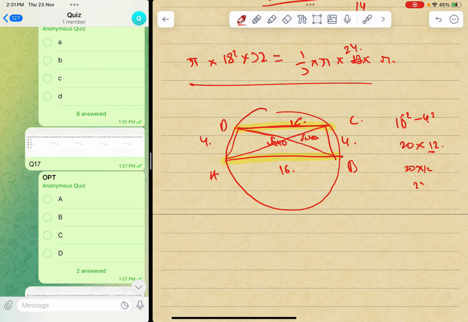Okay, so 16x plus 4 into 4, that is 16. So solving, we will get x. Okay, let me solve. 240 minus 16, or we can directly divide by 16. 240 by 16 is 15, so 15 minus 1, 14. x is 14. Correct. Many of you got it wrong.